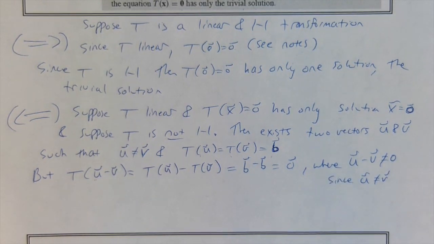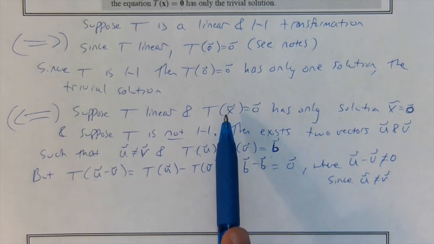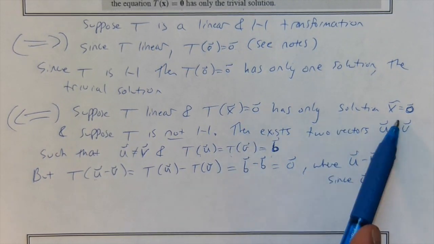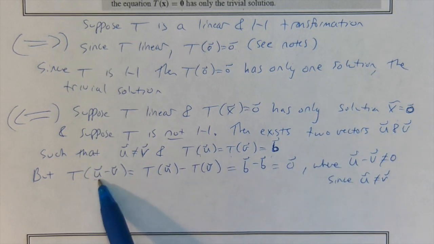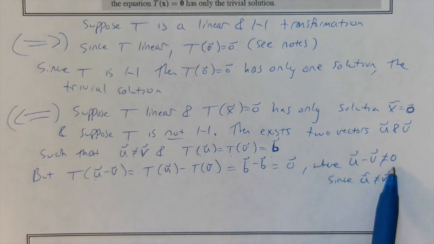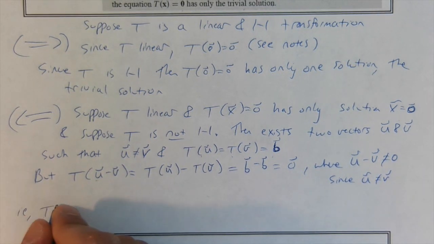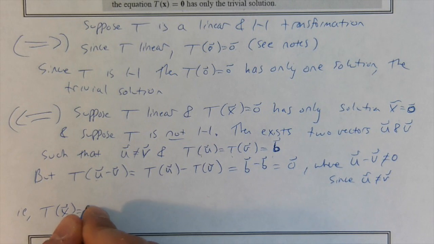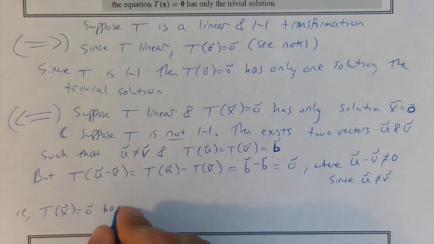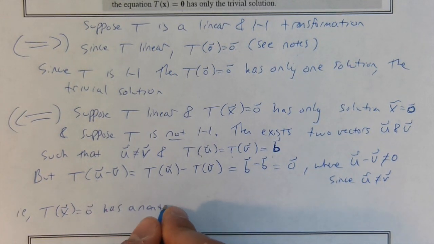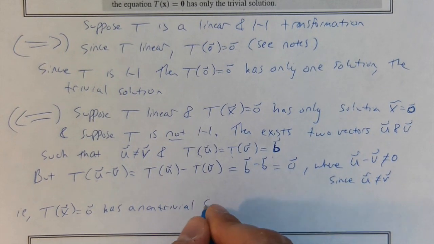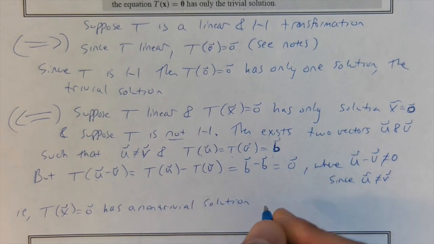And so this is a contradiction because we assumed that the only thing that gets sent to 0 is the 0 vector, but then we just showed that something else gets sent to 0 that's not the 0 vector. And so this is a contradiction. In other words, T of x equals 0, we just found, has a non-trivial solution, which is a contradiction.